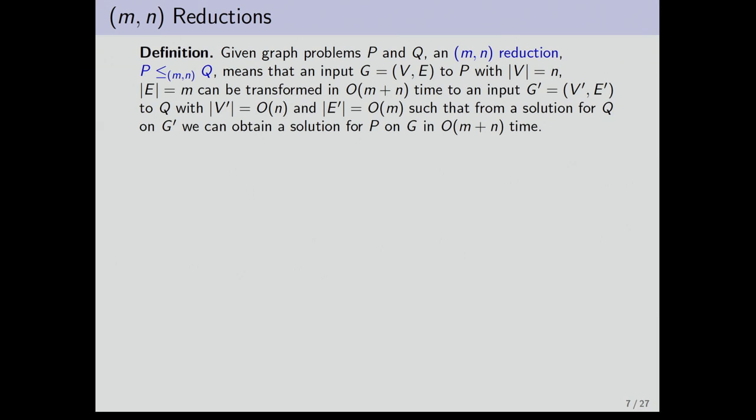But we consider reductions where, if you have two graph problems P and Q, an Mn reduction from P to Q means that given an input to P with m edges and n vertices, we can transform in linear time, O of m plus n time, this input into a graph G prime, which, if we solve with an algorithm for Q, will in turn return a solution for P in O of m plus n time. So a very strong reduction. We can work with this definition for all of our reductions.